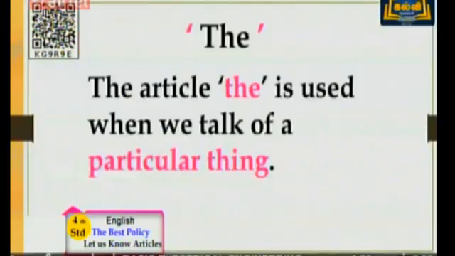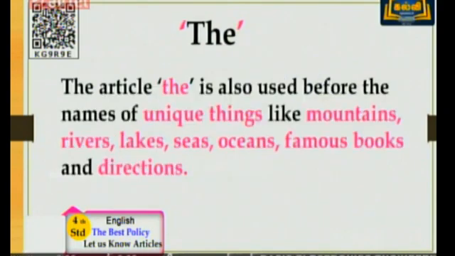The article the is used when we talk of a particular thing. If you tell anything like that, we have to use the article the. So the article the is also used before the names of unique things. I told you before itself, the article the is used before particular things and unique things.